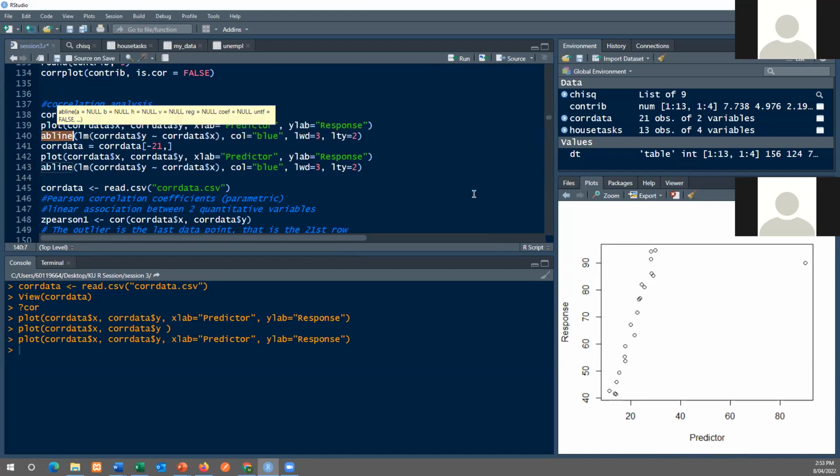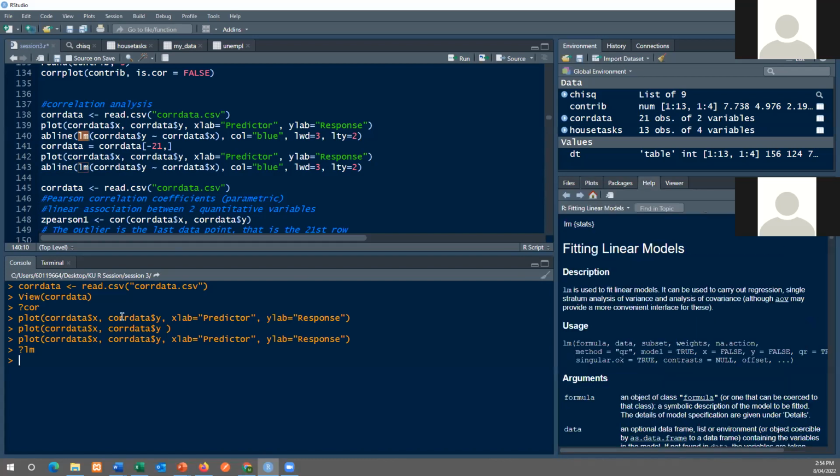The abline can draw a line between these dots, but how do we create this line for the dots? This is called lm, the linear model. The lm function is a function that you can pass the variables X and Y to create a best fit line.